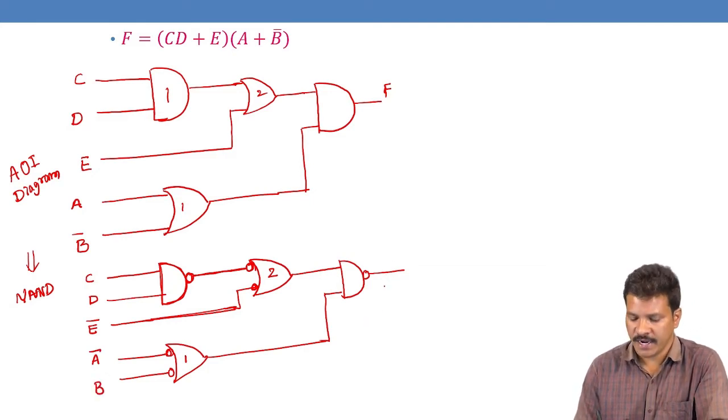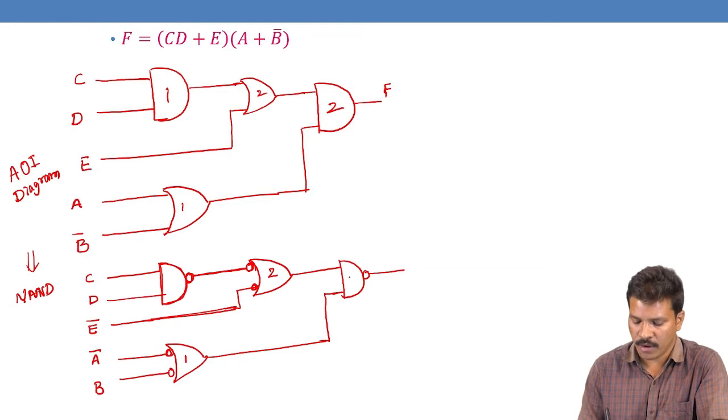And this last AND gate is transformed into the second AND with bubble. But because of this bubble, wherever I change that second AND gate to a NAND gate, to compensate this bubble there is no bubble at the output. So that's why I am taking another NAND gate.